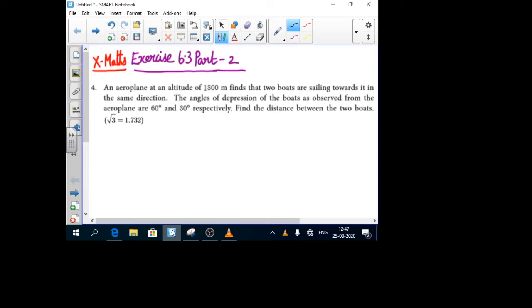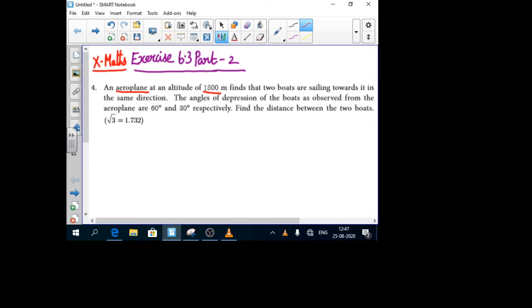Here they give an aeroplane at an altitude of 1800 meter finds that two boats are sailing towards it in the same direction. So the first object is aeroplane. Height is given, that is the distance from the ground.